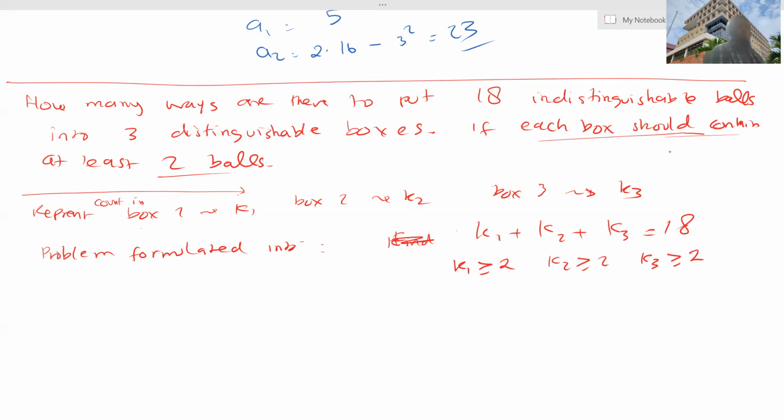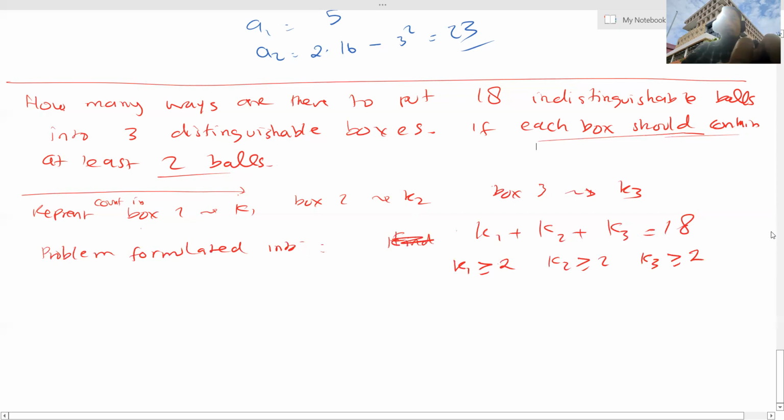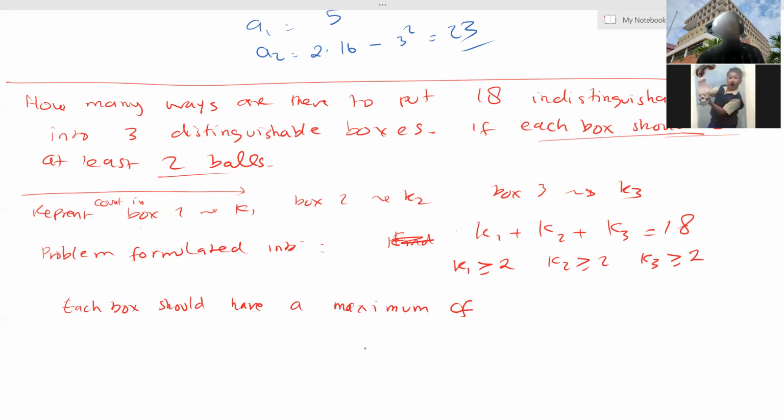Now, what is our next step? Each box should have a maximum of how many balls?